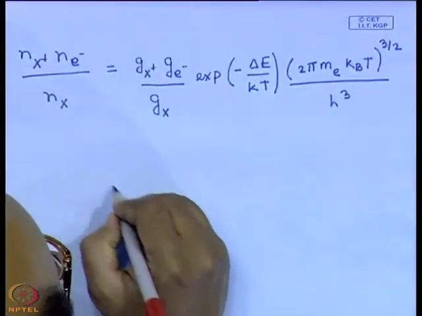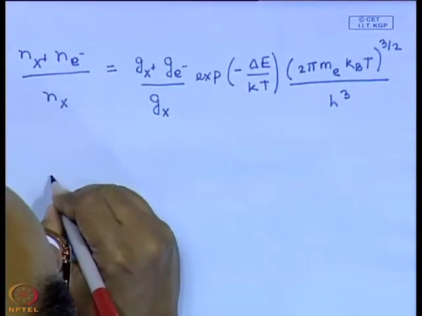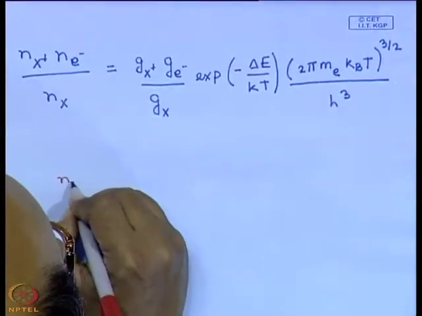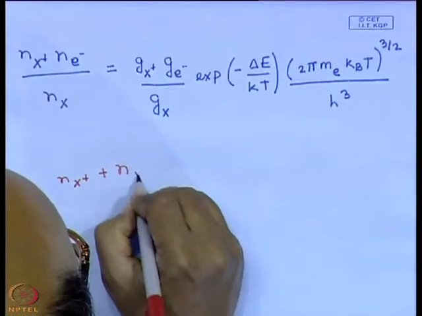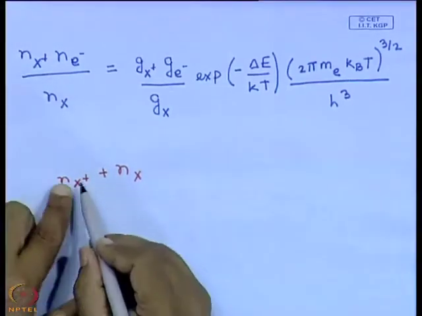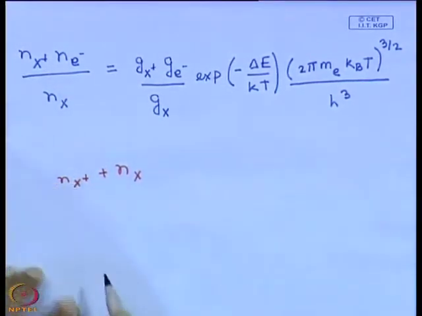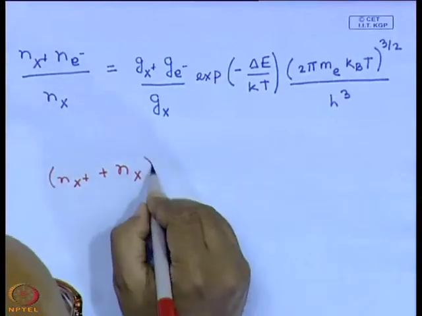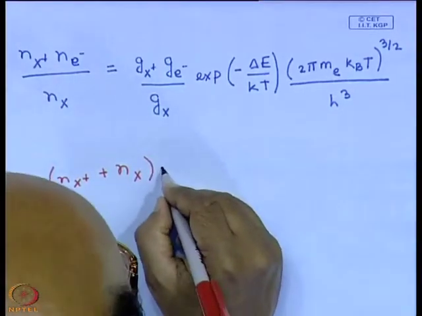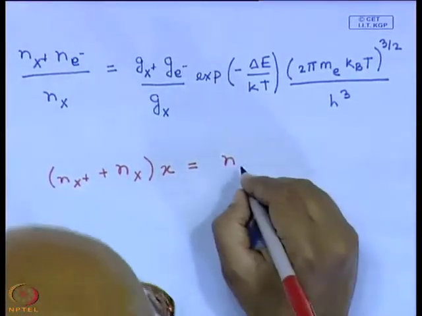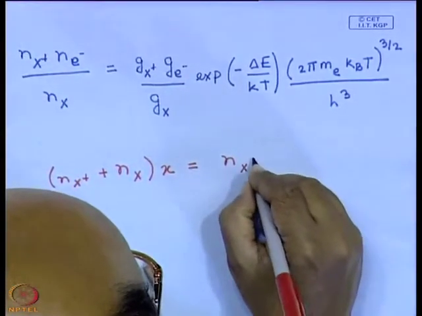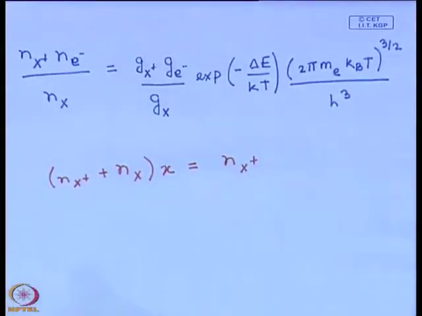The total number density of particles is, so the total number density is nx plus, that is the neutral number density plus the ionized number density, this into the ionization fraction x gives me the fraction that is ionized. Okay.